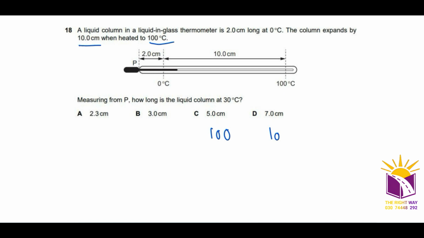So for 30 degree, the expansion will be x. By the ratio method, x is equal to 3 centimeter. This 3 centimeter is after 0 degree centigrade, which is here. Now we have to find the distance from the point P. As we measured it from point P, it will be 3 centimeter plus 2 centimeter, equal to 5 centimeter.